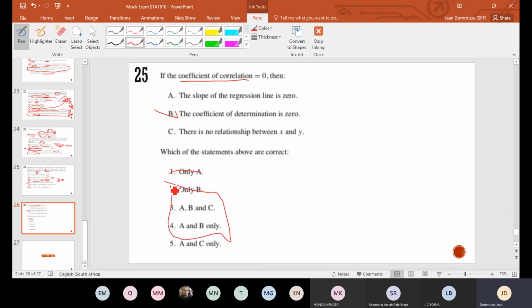Okay, so if that is 0, then there is no relationship between x and y. So that for me is also correct. Do you guys agree? Yes, I agree.